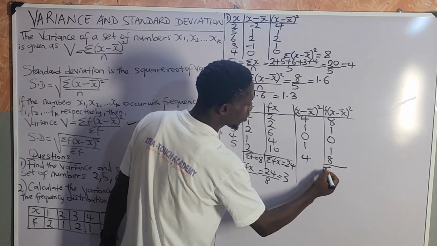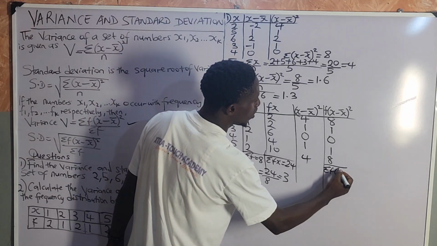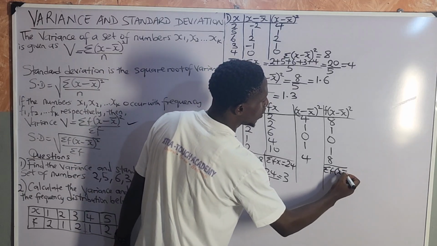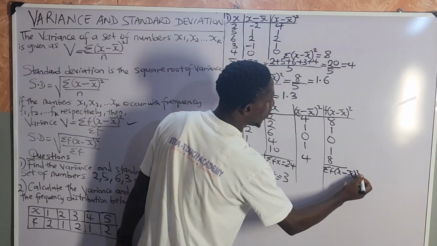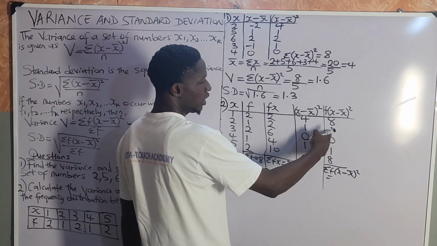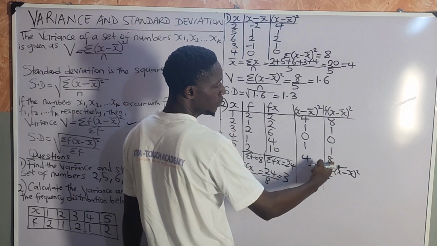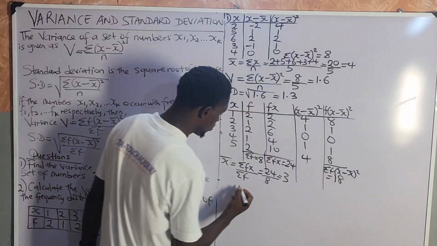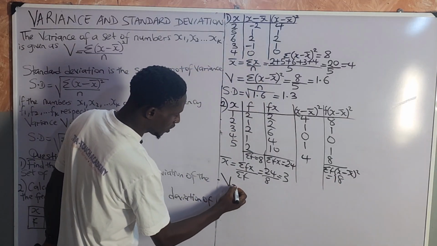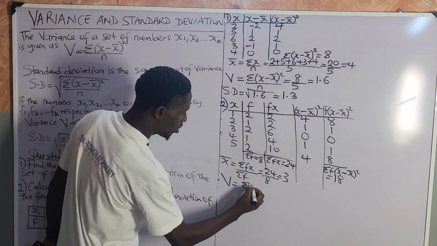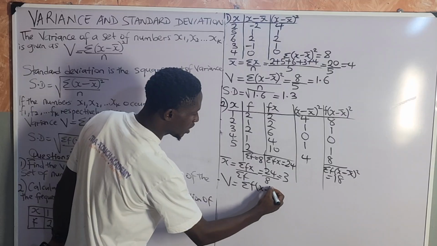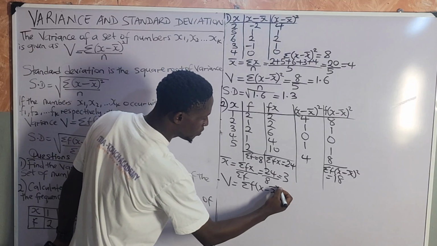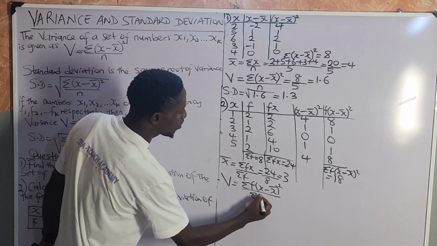Let's get the summation. 8 plus 1, 9. 9 plus 1, 10. 10 plus 8, 18. So the variance is the summation of f times (x minus x bar) all squared over the summation of f.